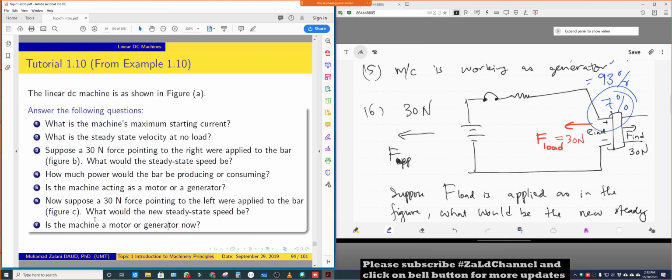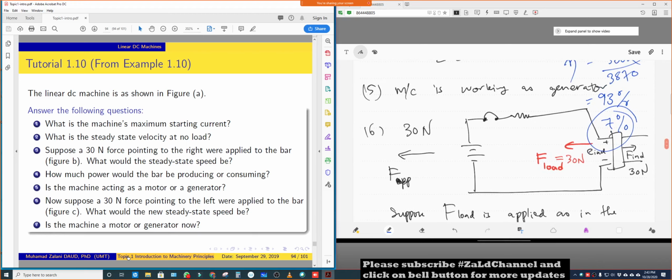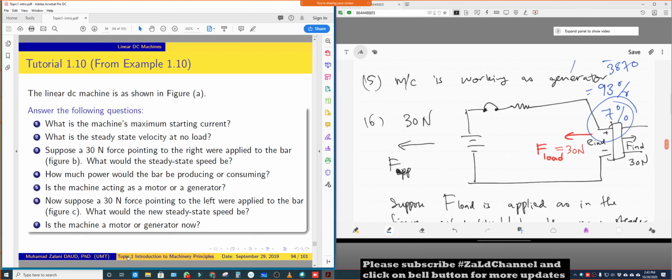So 30 Newton is actually the load force. As you can see in my sketch here, we apply 30 Newton of force to the left hand side, and the bar was moving at the steady state speed.